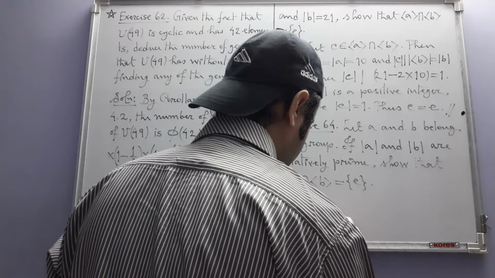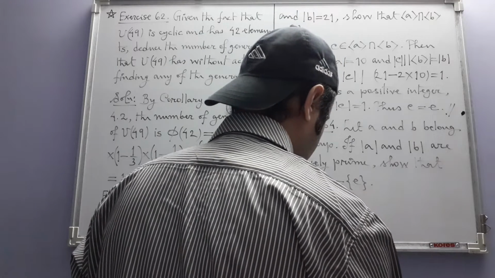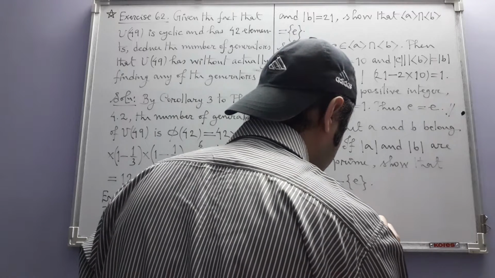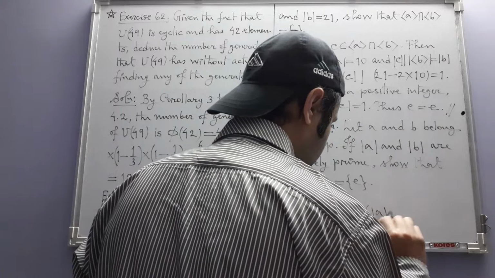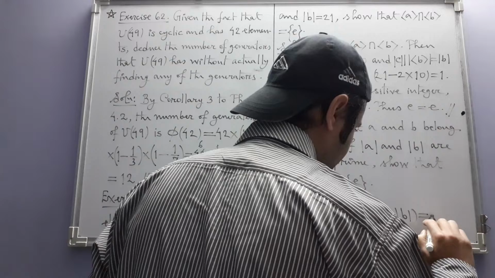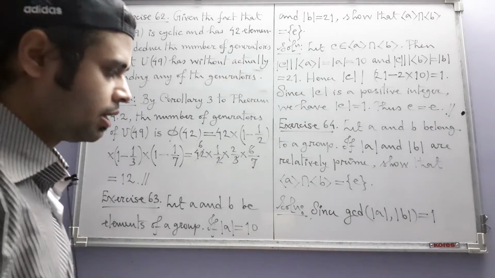Instead of writing in words, we can more compactly write the same thing in this way. Being relatively prime means their greatest common divisor is 1.